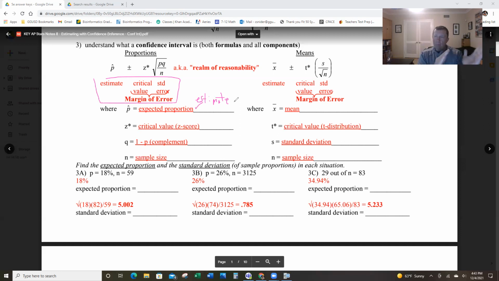Then you're going to go plus or minus from there. If you're dealing with a mean, you ask 30 kids at the school, what was your SAT score? You get an average. That x bar is the estimate for the real average of the whole school. We're going to go plus or minus off of that to get a range so that we capture the truth.